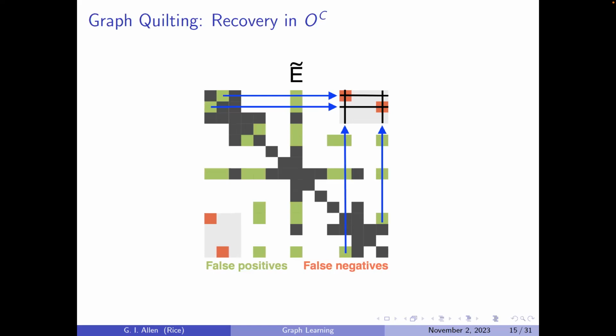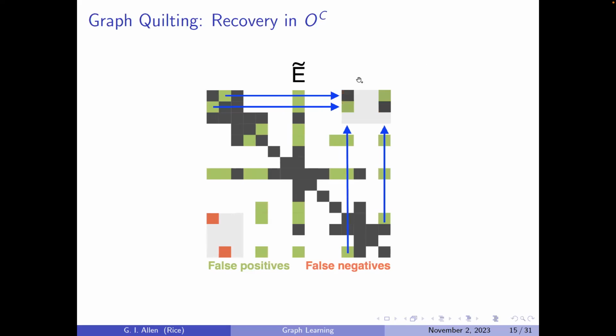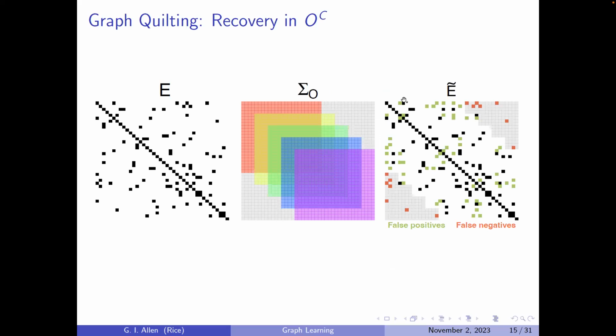We actually can tell you that there's really only 2 edges, or 2 edges is the minimal that covers it, but we don't know which of the 2 it could be. It could be these 2 or these 2, right? We can flip them. And so these are then our false positives that we get in O complement, and that's how we construct the minimal superset. So again, this is our MAD GQ estimate right here, which doesn't look very good, but then we can apply hard thresholding to O and this superset method to O complement to get this minimal superset.